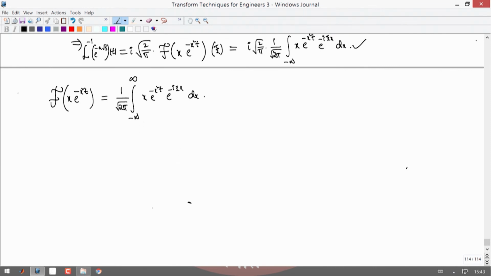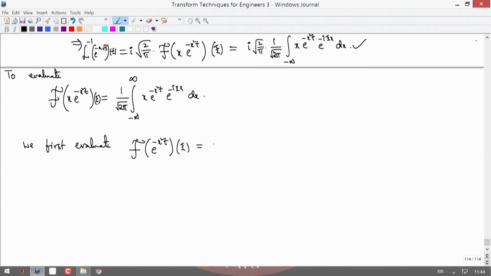To evaluate this, we cannot evaluate this directly. So, in a different way, to evaluate this, we first evaluate the Fourier transform of e power minus, let us say, x square times t, as a function of xi. This is also a function of xi finally.